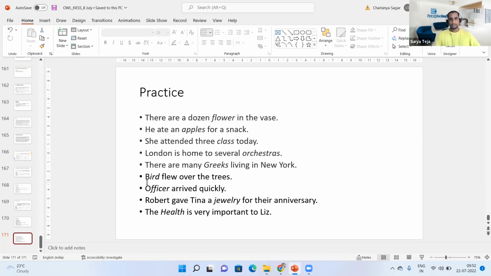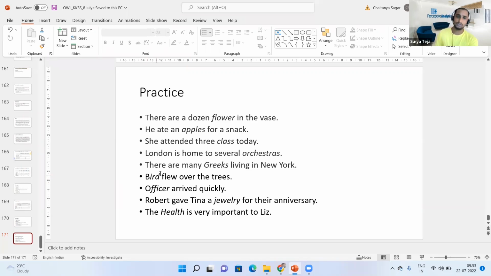Right, what Sai has mentioned is correct. In this particular situation, "a" is appropriate here. You should say "a bird flew over the trees", so you're talking about a bird which flew over the trees. If you're talking about birds in a specific sense, "the birds flew over the trees", then "the" should come. Because it is a count noun used in the singular sense, it has to have an article, which is "a".